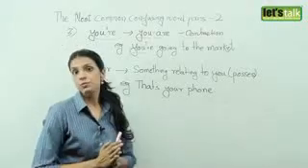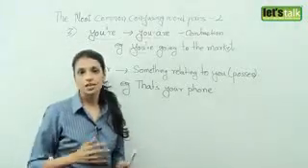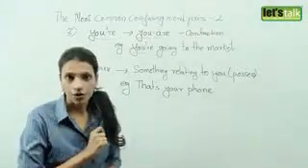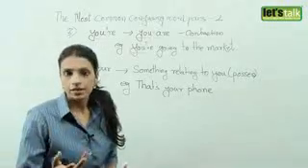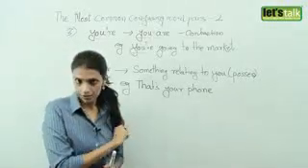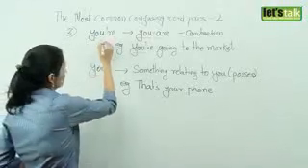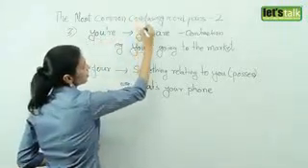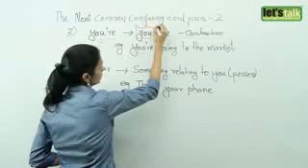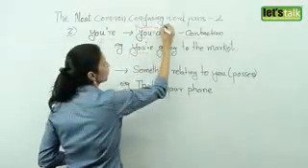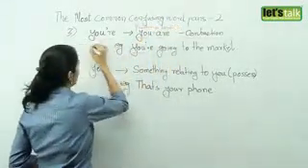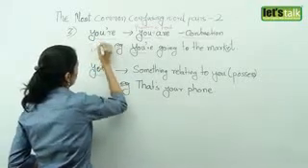But when we contract them, we don't say them as two separate words like you are. We say you're. You're playing cricket. So here you is a pronoun and are is the verb, which becomes you're.